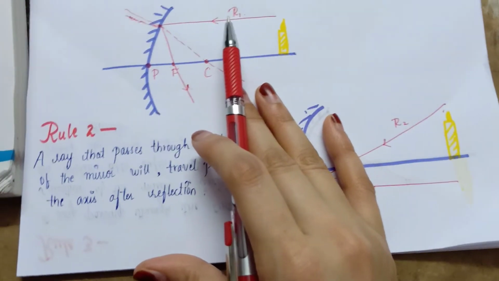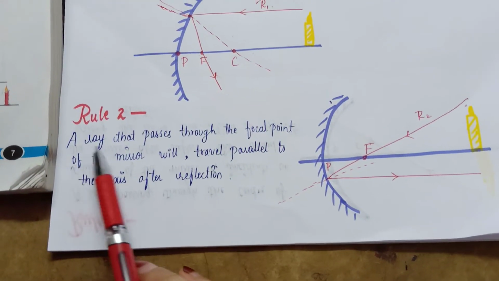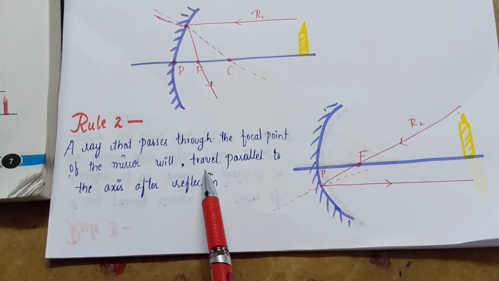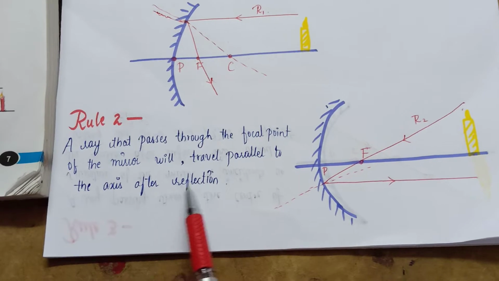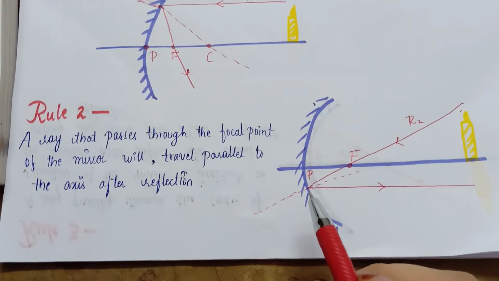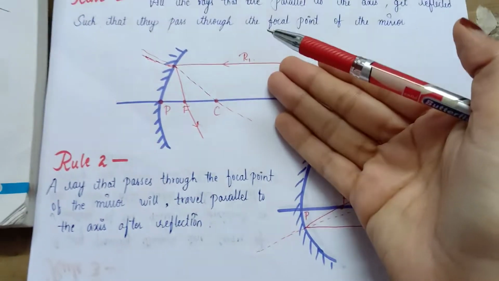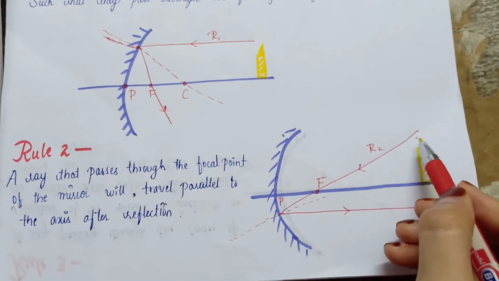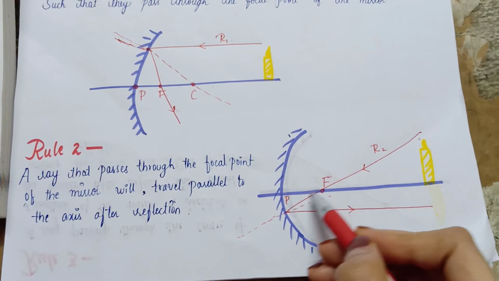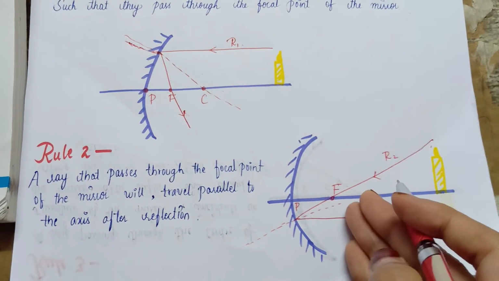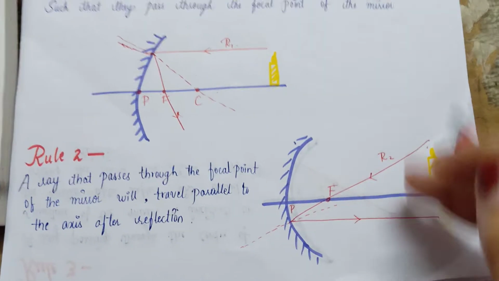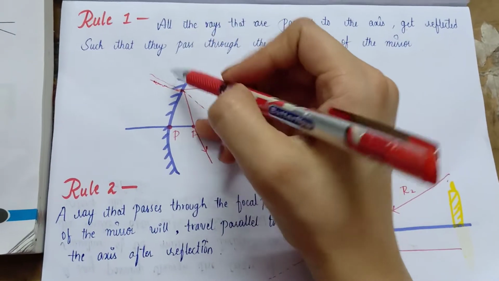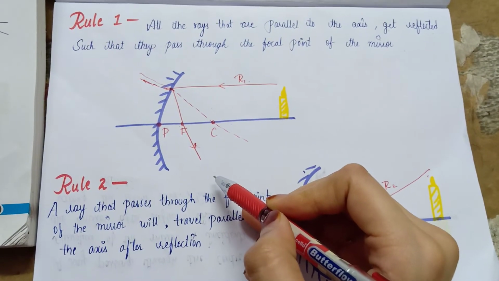Come to rule 2. Rule 2 says a ray that passes through the focal point of the mirror will travel parallel to the axis after reflection. It is quite similar to rule 1, but also quite different. In the first rule, the ray reflects and then passes through the focal point.